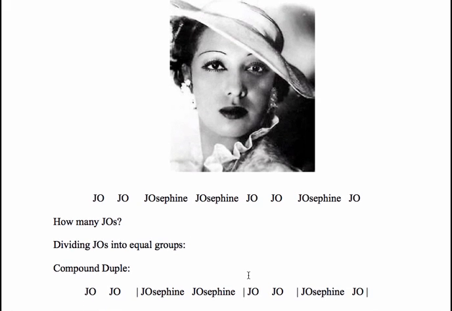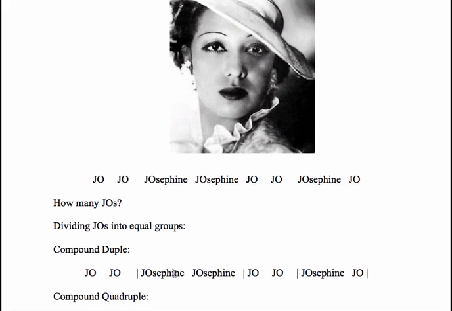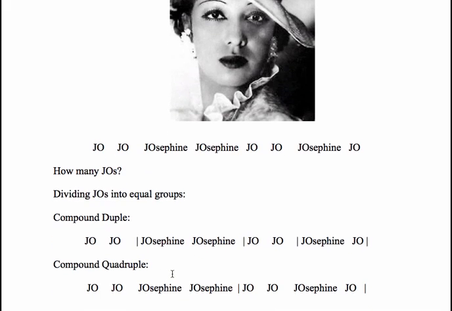In compound duple, we'd have 4 groups of Joes. That would be compound duple. Compound quadruple, we'd have 2 groups of Joes.